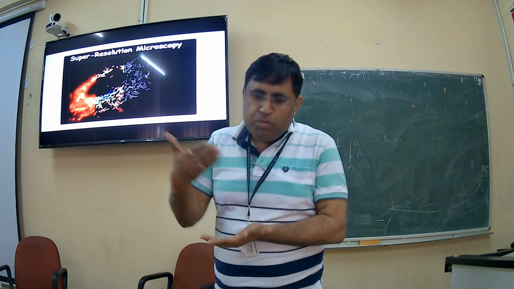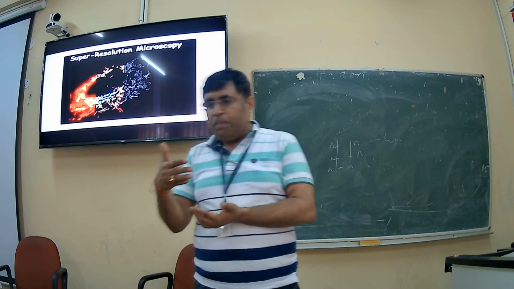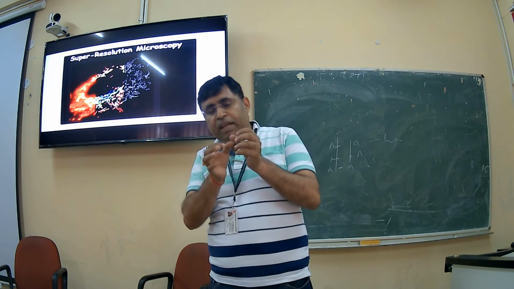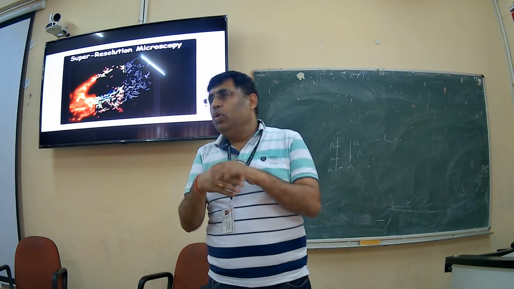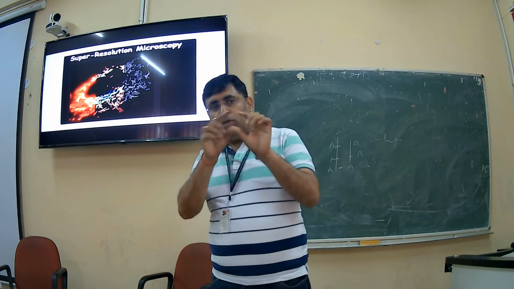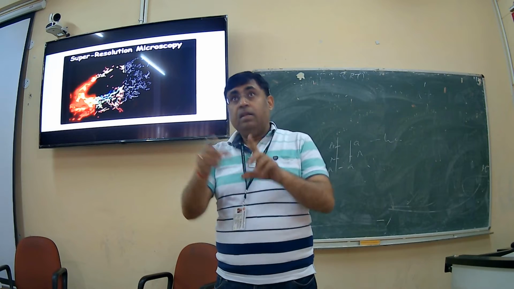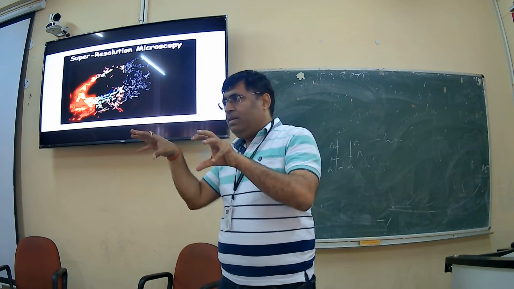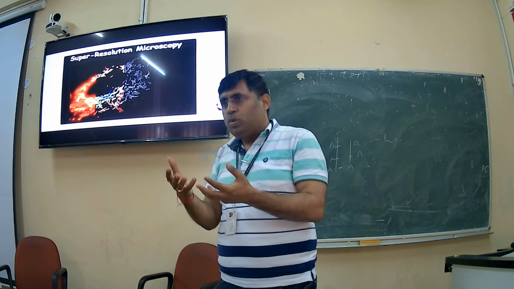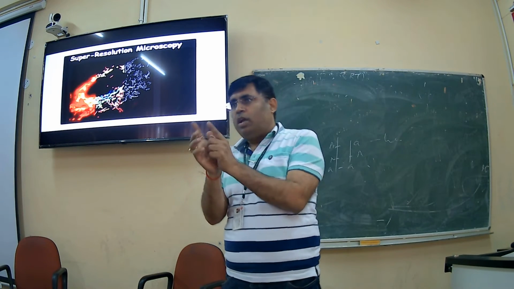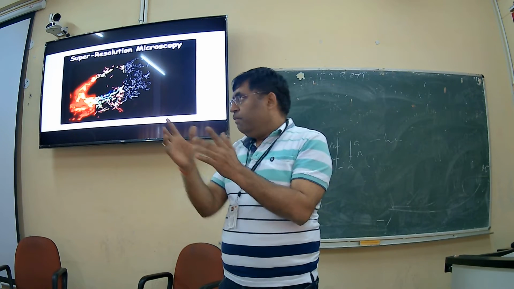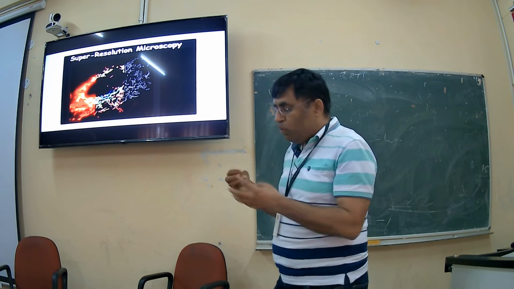The camera which gives better resolution gives better clarity when you enlarge your image. In a small size a photo looks good, but if you want to make a very big one, then it will get distorted, because the resolution was not good. Two points are not resolved very sharply. So that's why we use super resolution microscopy.